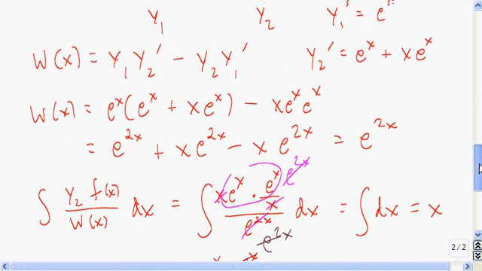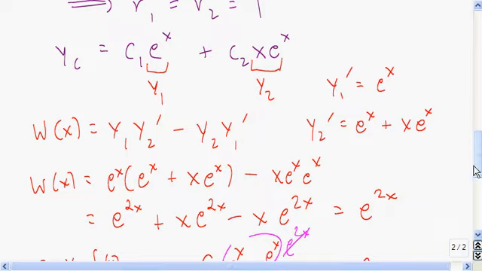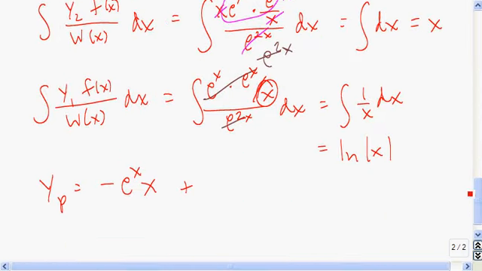And y2 is x e to the x times the integral that had y1.